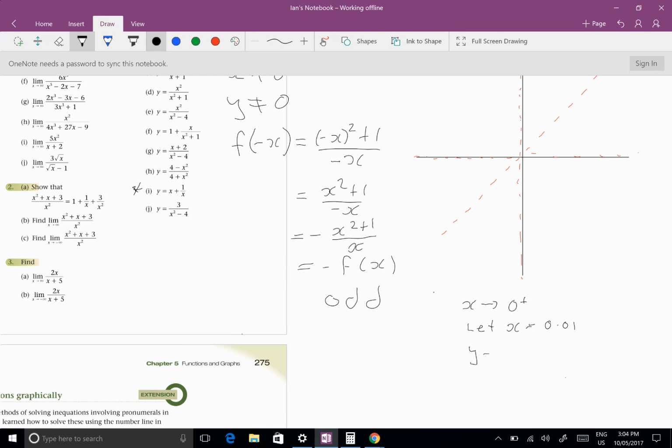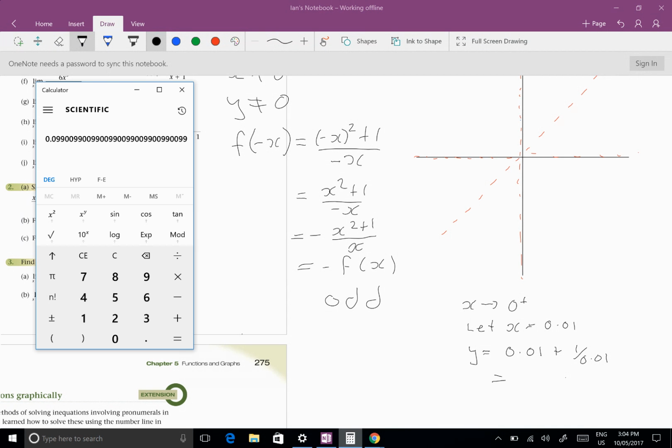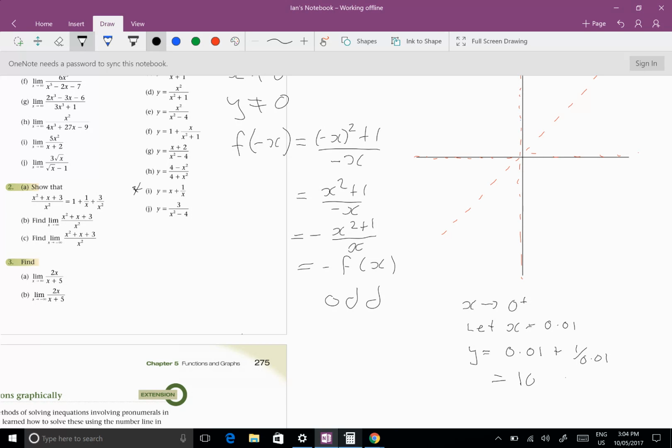So y will equal 0.01 plus 1 over 0.01. And if I go to my calculator, I've got 0.01 plus 1 divided by 0.01. Oh, 100.01. So that's going to be going up positively.